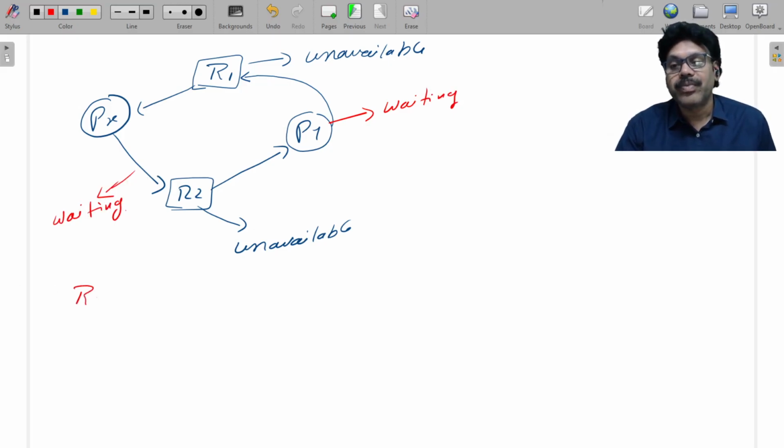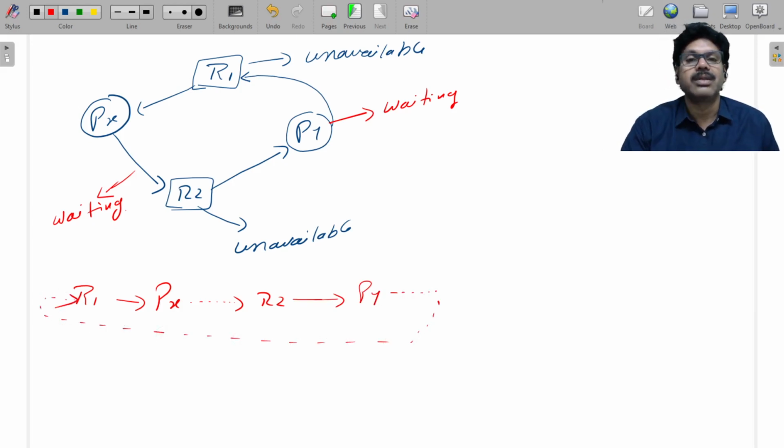R1 is given to PX and PX is requesting for R2, but R2 is given to PY and PY is waiting for R1. So it leads to circular wait. Then how are you going to prevent it?